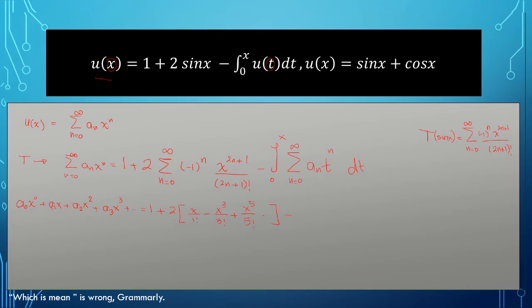So I choose to integrate then expand. So the solution of this integration is that we get the summation outside the integration of an. So we write the integration from 0 to x for only t to the n dt.